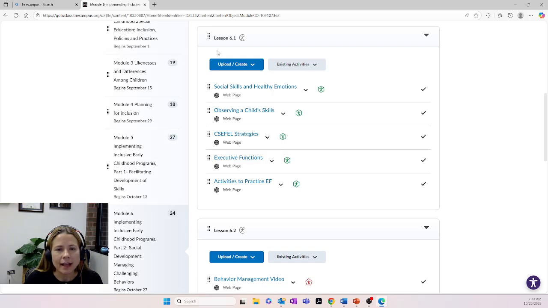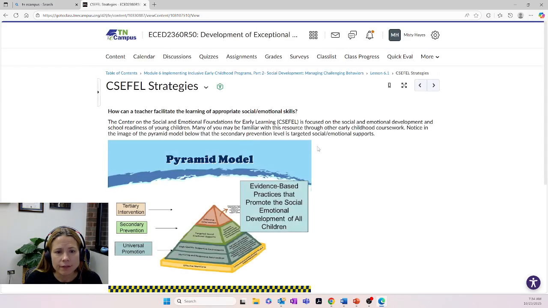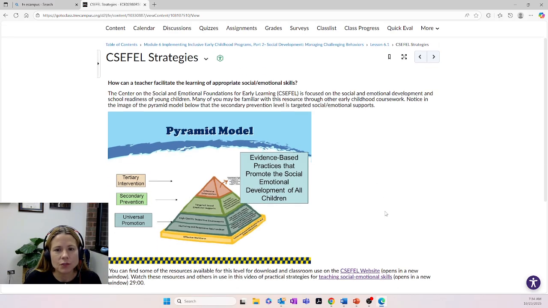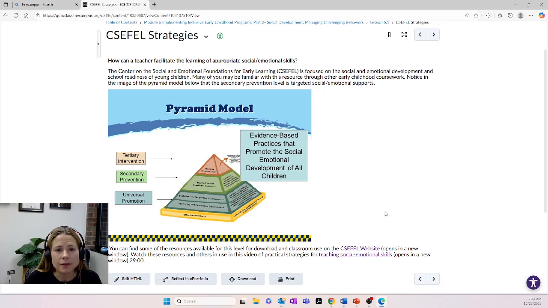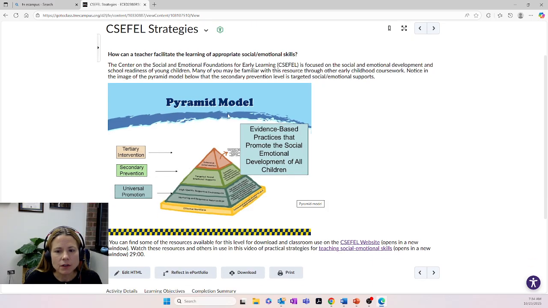Again, as I mentioned, 6.1 is important because we start looking at early childhood development, the social emotional skills, executive function, and also what I mentioned to you about the CSEFEL, I call it CS Phil, but it's really the Center on the Social Emotional Foundations. Really, their work focuses on the social emotional development of children, young children specifically. And so this talks a little bit about it.